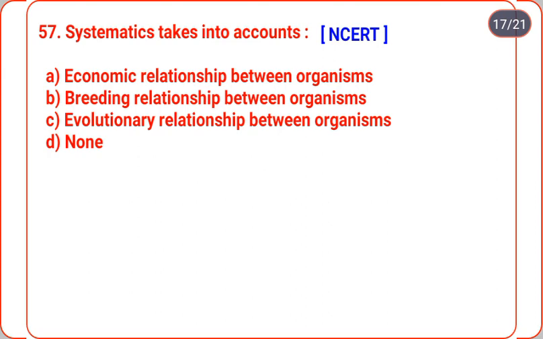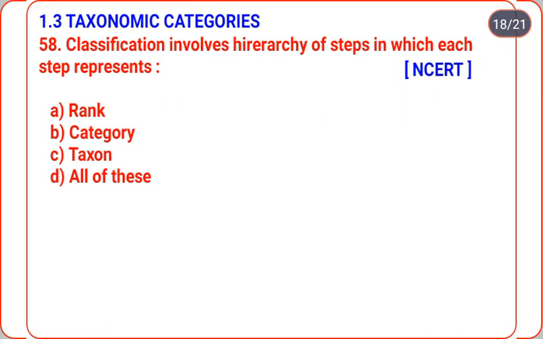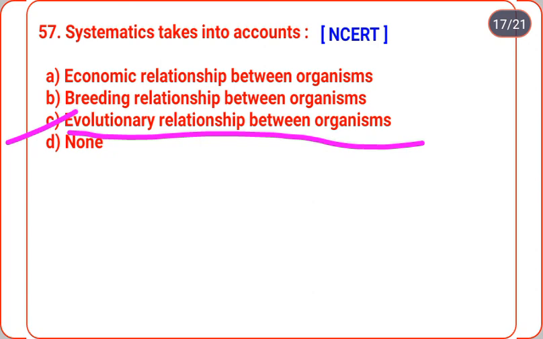So here our correct answer is option C, evolutionary relationship between the organisms. Systematics takes into account evolutionary relationship between the organisms.